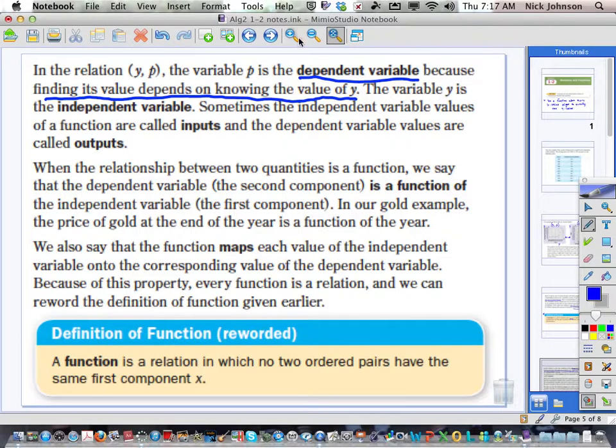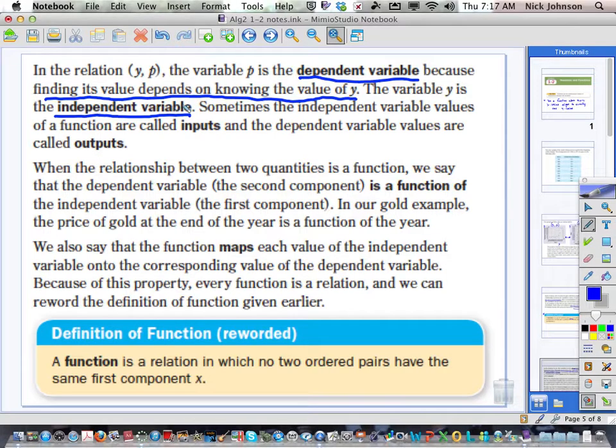In this case, p is dependent on y. We call y, or the x-coordinate, the independent variable. The independent variable is able to stand alone. It's able to do stuff by itself. You will not know the value of p unless you know the independent variable.